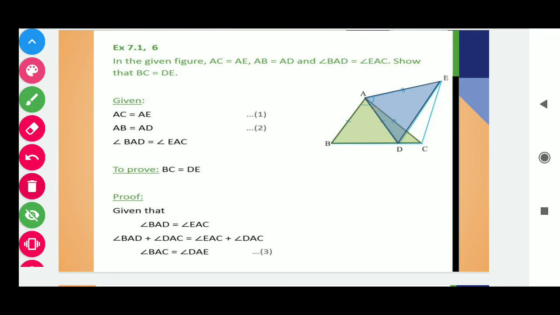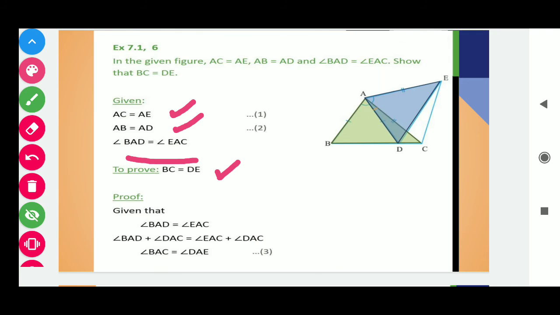Okay students, this is very clear from the given, and you can observe from the diagram as well. We need to prove that line BC is equal to DE. So let's start the solution. Here given is that AC is equal to AE from the statement, and AB is equal to AD, that is also given, and angle BAD is equal to angle EAC. Three conditions are given. We need to prove that BC is equal to DE. So students, let's start the proof.